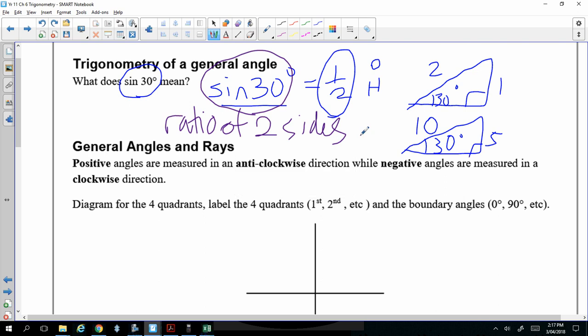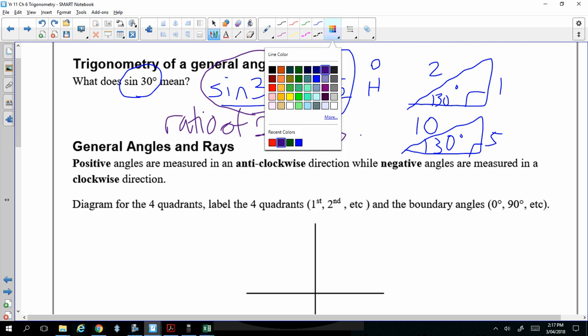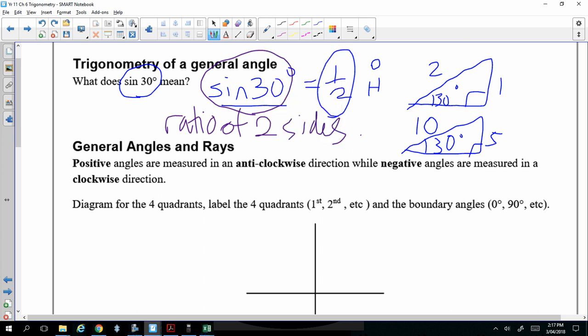Now, the next question is, how do I do things like sine 170? We can no longer use the ratio, because it doesn't have a right angle for an obtuse angle. And furthermore, how do I do things like sine 220? It's not inside a triangle.